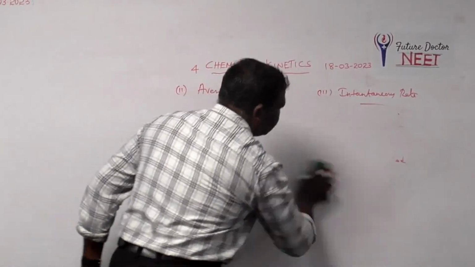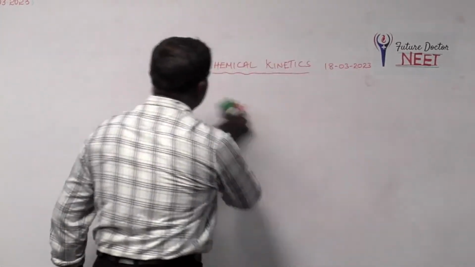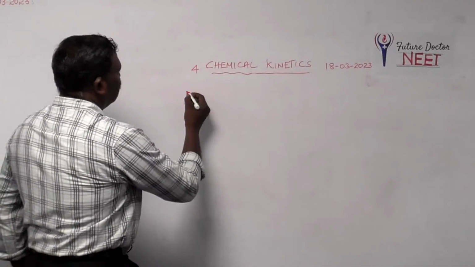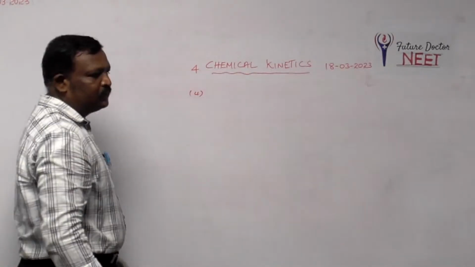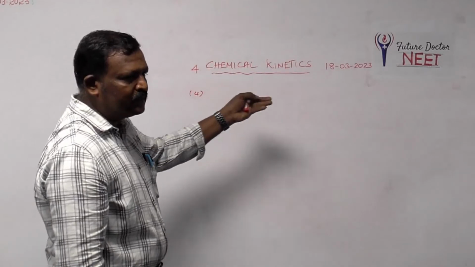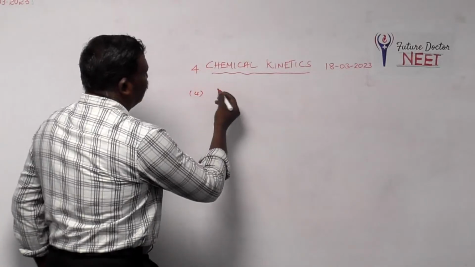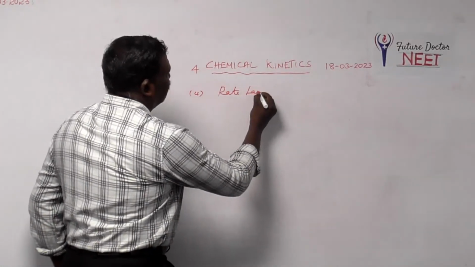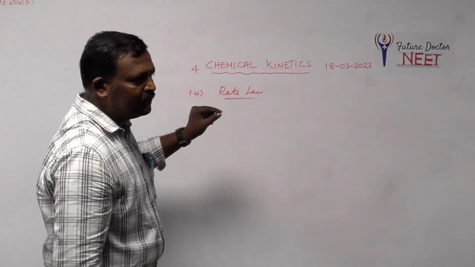Another one is, fourth term, no? Fourth term, correct or not? First we studied rate of reaction, next one is average rate, next one is instantaneous rate, okay? Next one is rate law. The term only somewhat different, but just try to understand, okay?